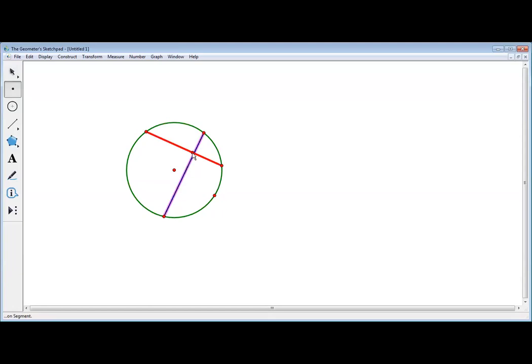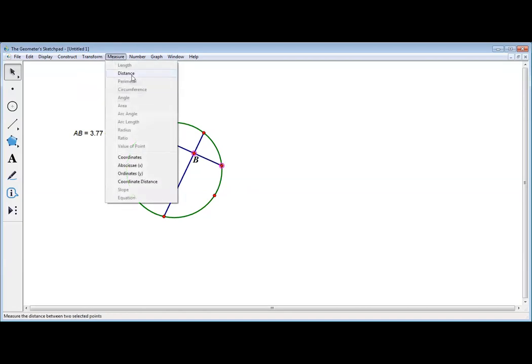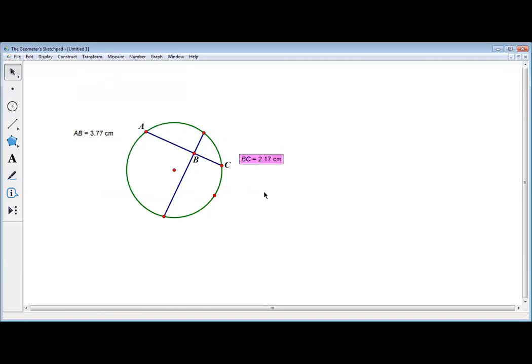You mark the intersection point with a point, and let's start measuring. That length, AB, is 3.77. Let's measure BC, 2.17. Measure BD, and let's measure this last segment.